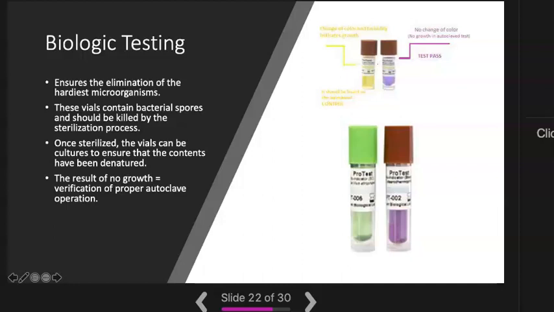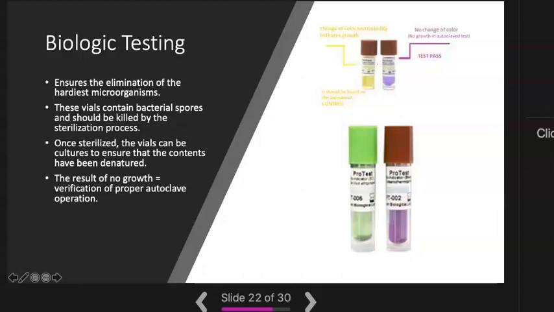Bacterial spores and microorganisms within these vials should be killed by this sterilization process. If they are not killed by this sterilization process, then your autoclave or ethylene oxide sterilizer is running subpar.